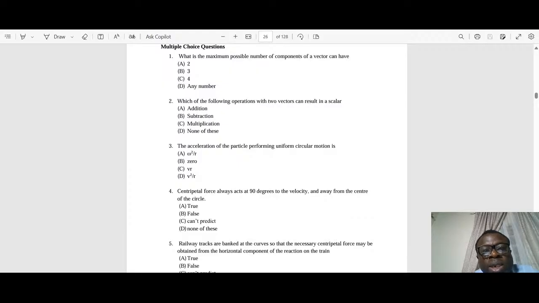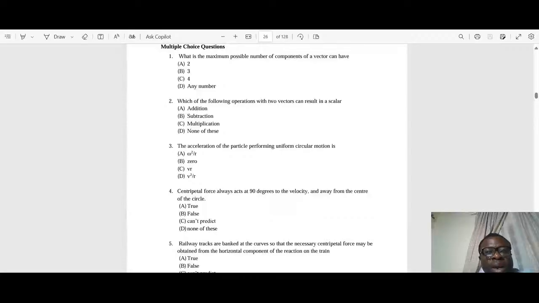The acceleration of a particle performing uniform circular motion is A, omega square over r. B, 0.